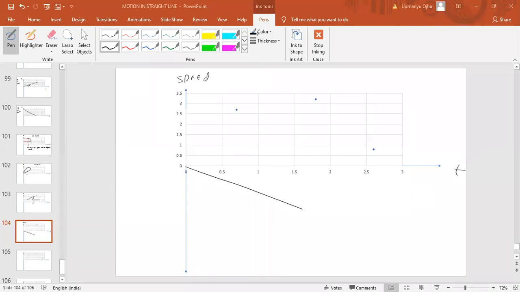Here, if you look at this graph, speed is negative. So speed cannot be negative, which means the graph is not possible. Correct now? Yes, very good.